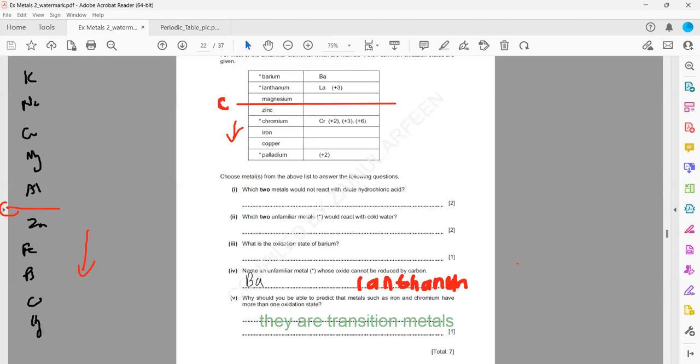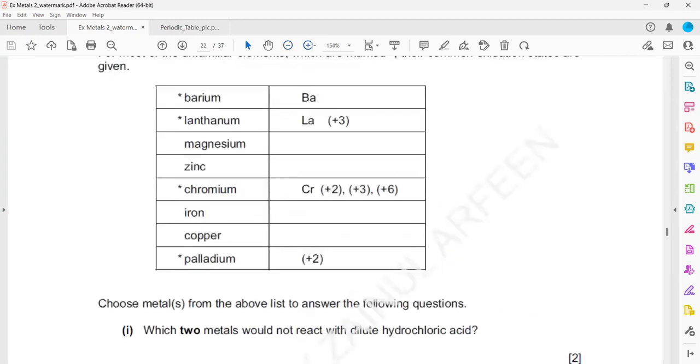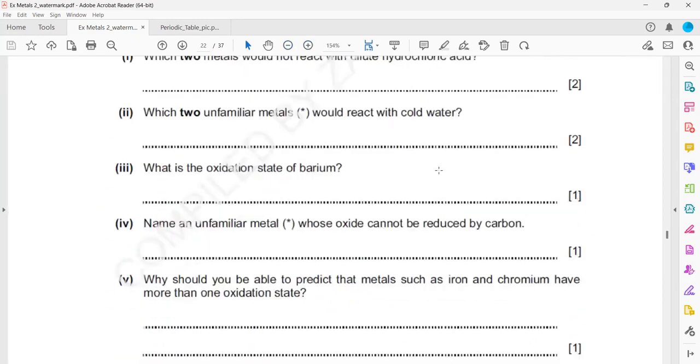Actually, there's a reason behind that, but in IGCSE you don't go deep into why it happens. That's why you just mention the baseline answer, which is that they're transition elements. But practically, there is a reason for why they have variable oxidation states.